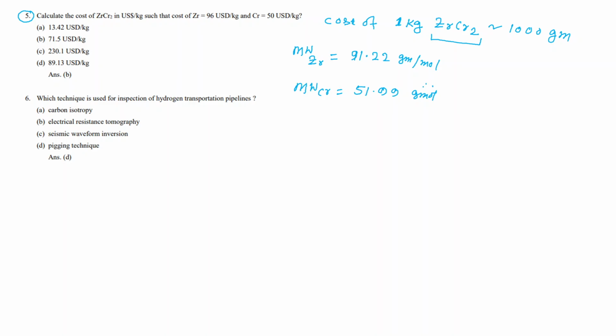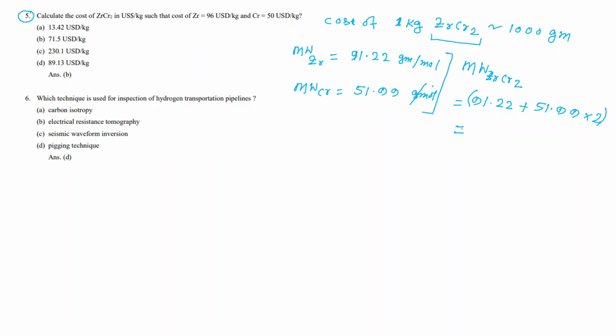So now the total molecular weight of ZrCr2 will be calculated like this: Zr is 91.22 plus Cr2, 51.99 multiplied by 2, as there are two chromium atoms.